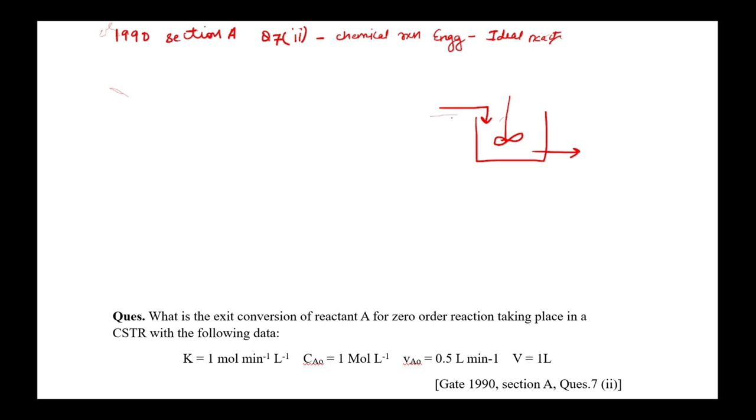So what the question is saying, for a zero order reaction, our reactant A is going in with a concentration of CA0 equal to 1 mole per liter. We have to check the units.